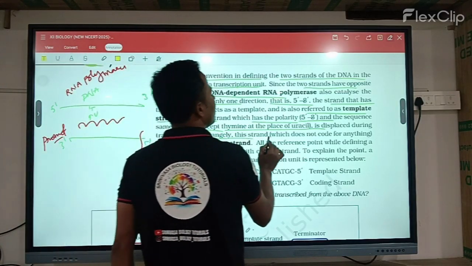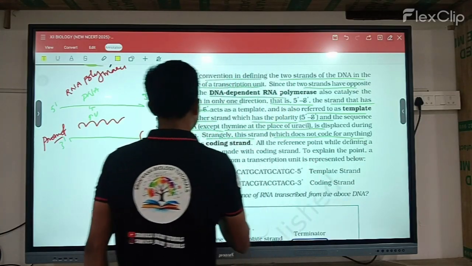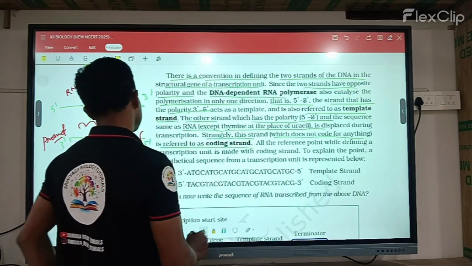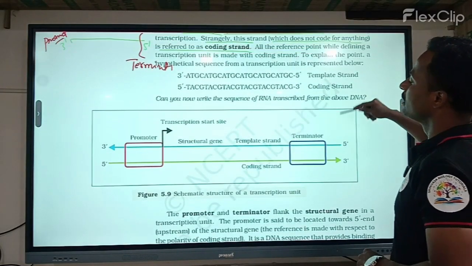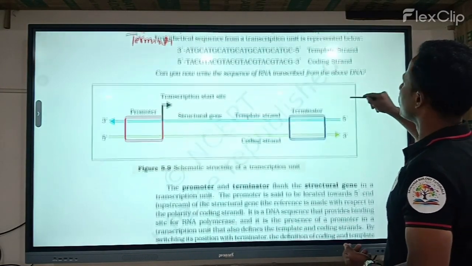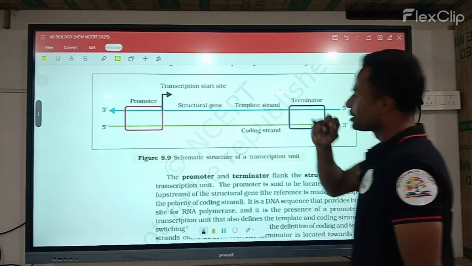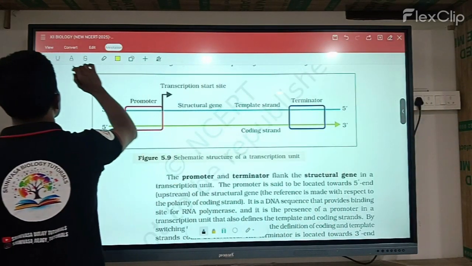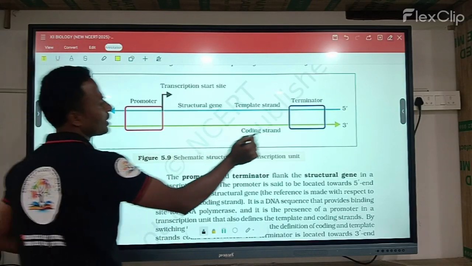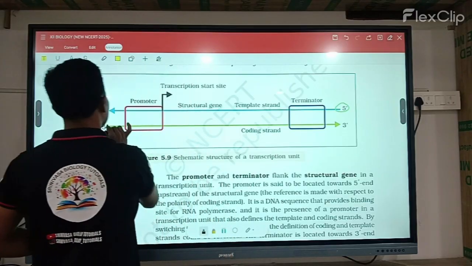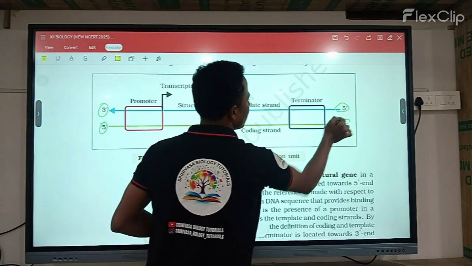The strand that does not code for anything is referred to as the coding strand. In this process, one strand acts as the coding strand and the other acts as the template strand. One runs 3 prime to 5 prime, and the other runs 5 prime to 3 prime.